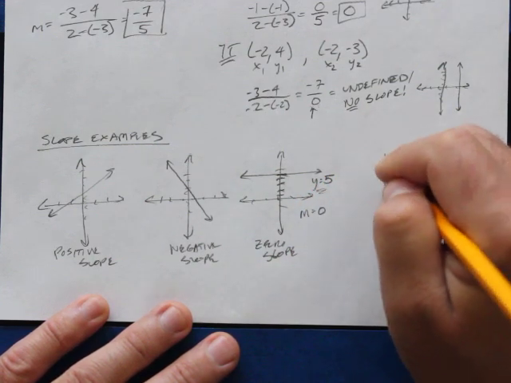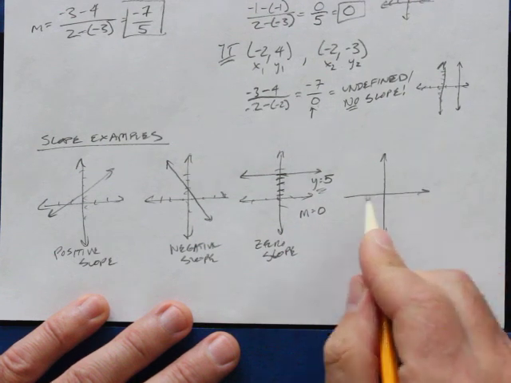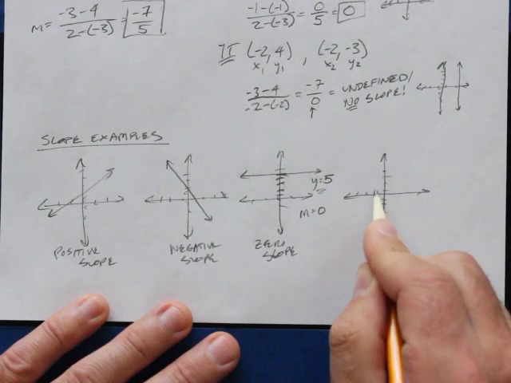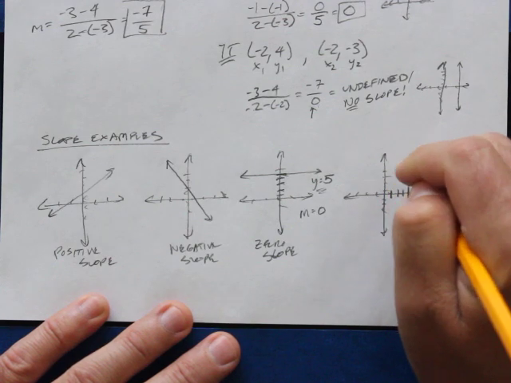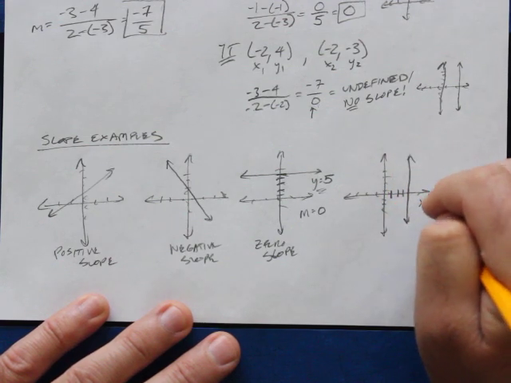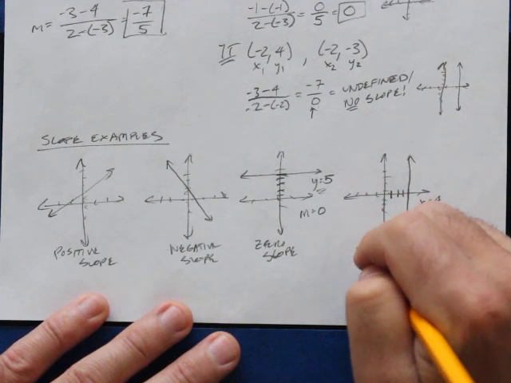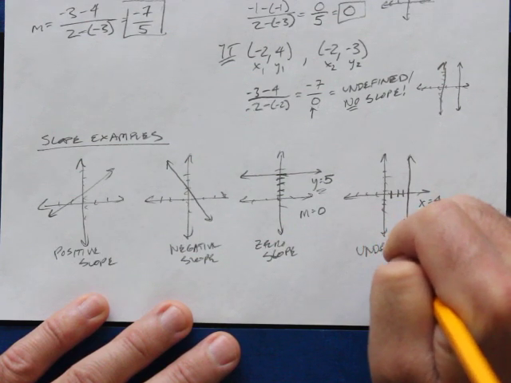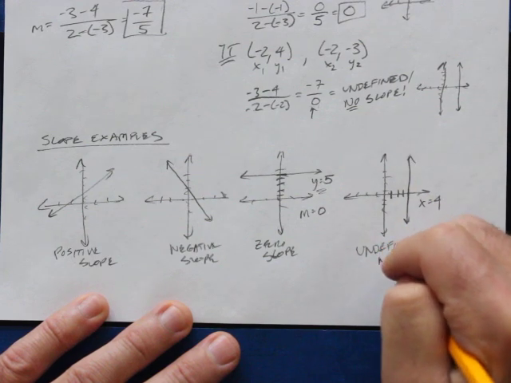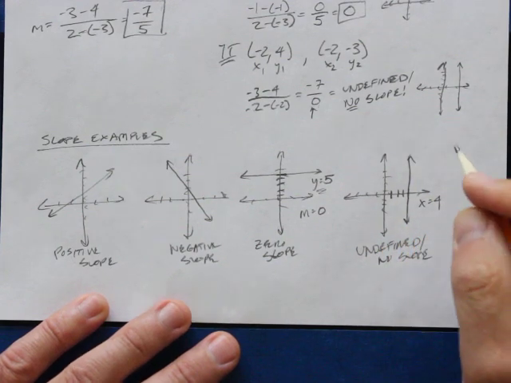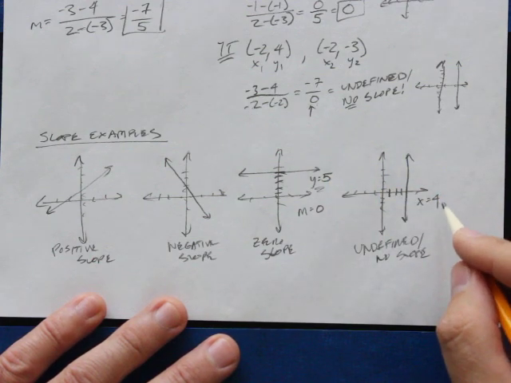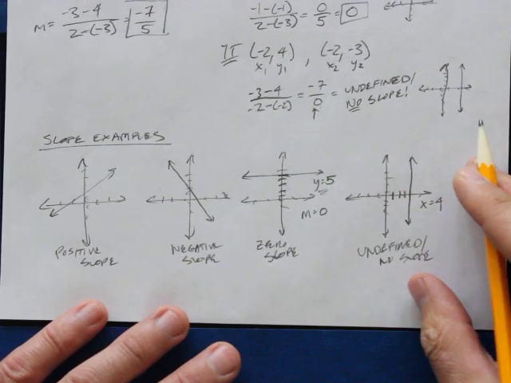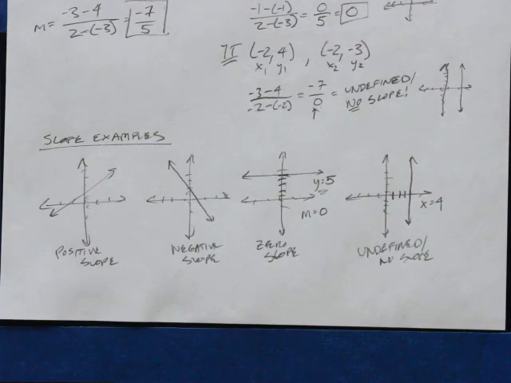Now, last one. This is the undefined one. And this is where 1, 2, 3, 4, let's put it here at 4. This is x equals 4. This is undefined or no slope. And this is when the denominator ends up being 0, x equals 4, x equals a number. And that is the end of 3-3, rate of change and slope.